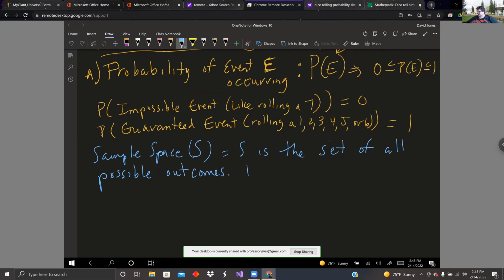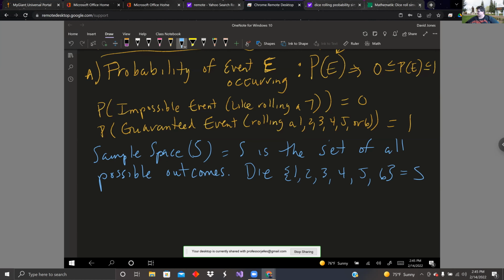In the dice game, using one die, the outcomes are, oops, that should look like curly braces, but it does not: a 1, a 2, a 3, a 4, a 5, a 6.